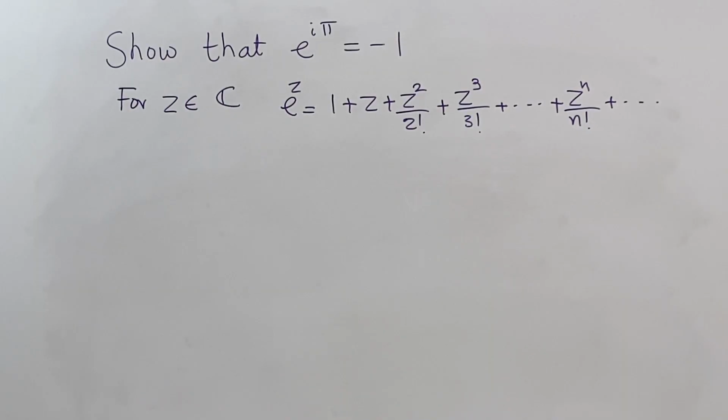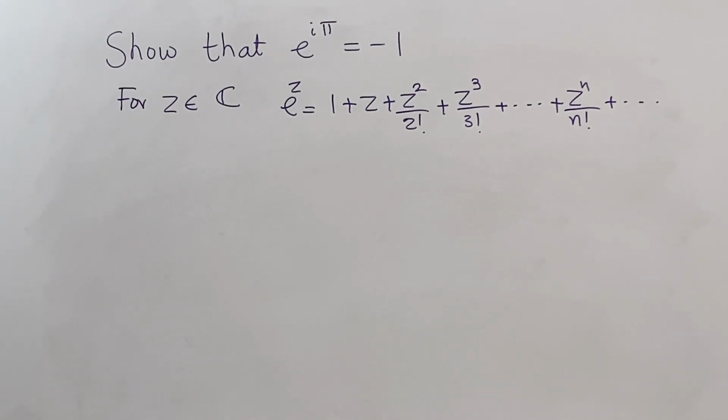So the exponential series for complex numbers is identical to the exponential series for real numbers, but with x replaced by the complex number z. Now, with this definition, we can prove another result which will be extremely useful for proving the identity e to the power i pi is equal to minus 1.